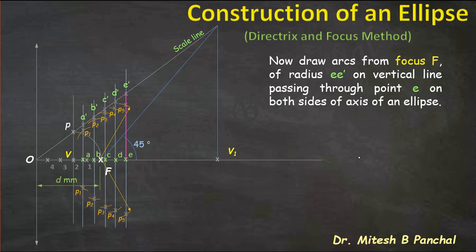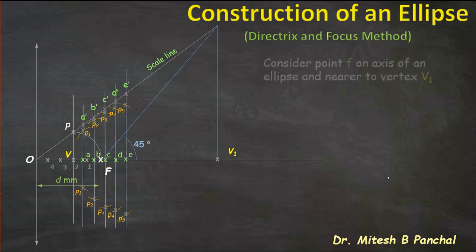Now as we know that ellipse is a closed curve, so this curve should be closed and it should pass through the vertex V1, second vertex V1. So now in the next step, we will consider another point which is nearer to V1. So consider point F randomly on the axis of an ellipse, nearer to vertex V1.